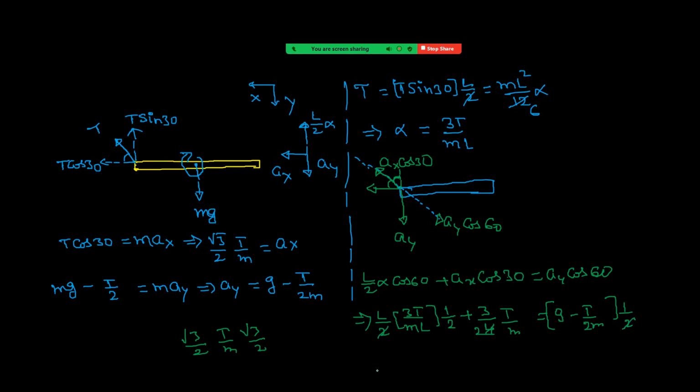Next, see what else we can do. Now simplify this part. So here L and L cancelled.